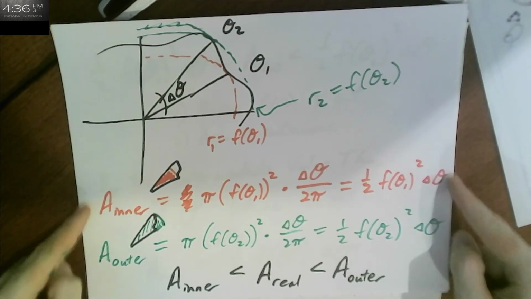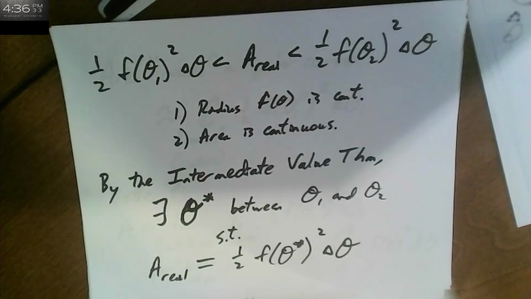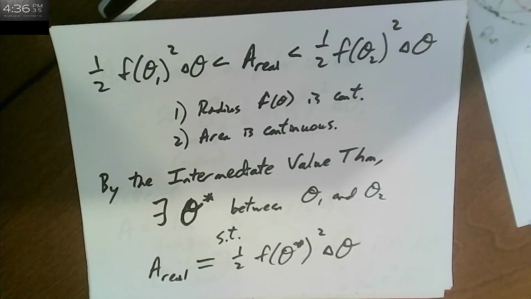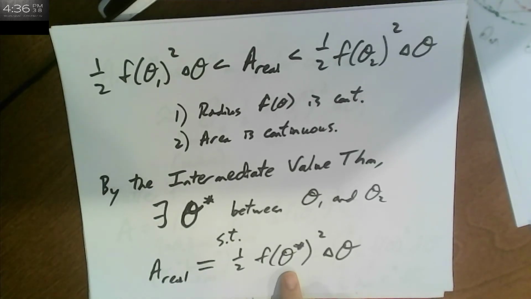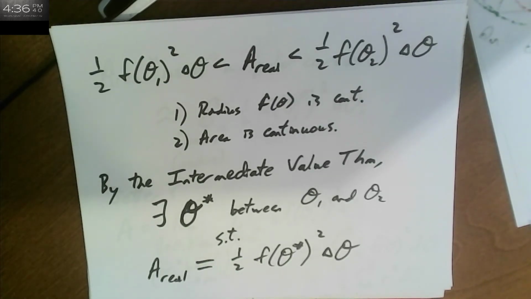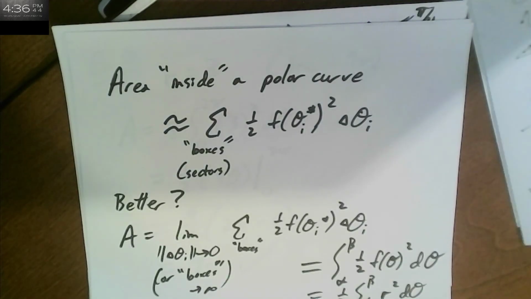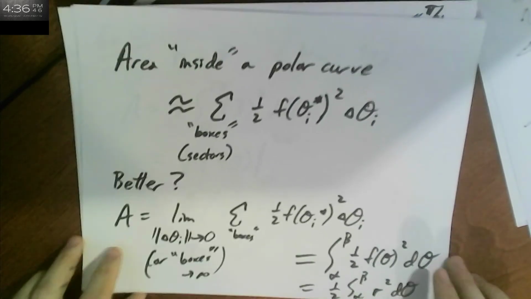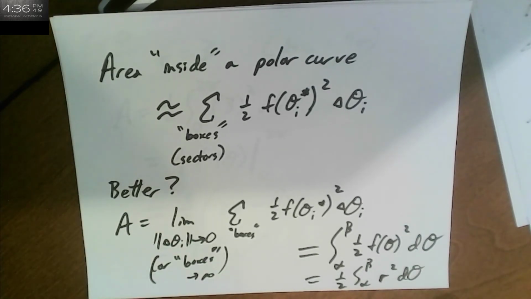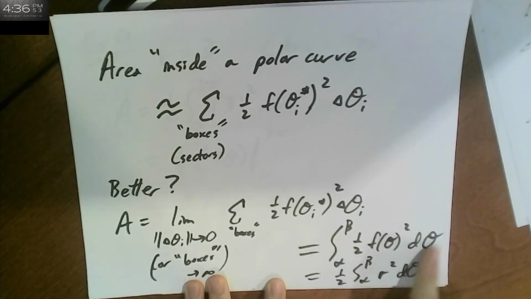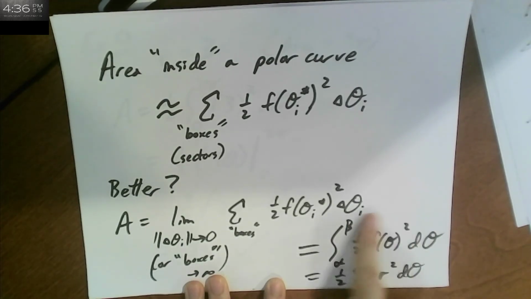So we introduced the inner part and the outer part, and then we applied the intermediate value theorem to claim there is some angle that gives us exactly the right area. Don't know what it is, but it's there. And that's the angle we use when applying our Riemann sum and limit thereof to come to an integral, right? Here is the formula for an area inside a polar curve.